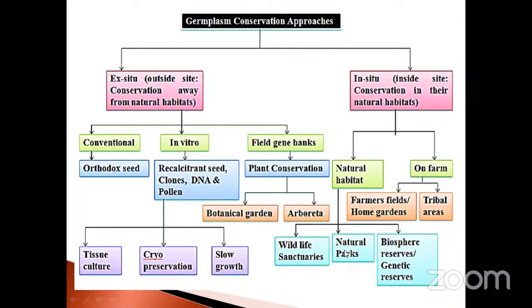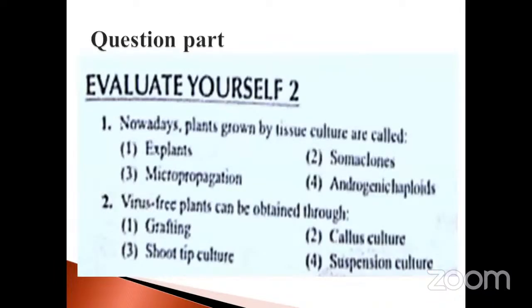National wildlife sanctuaries are also present. Biosphere reserves, genetic reserves. These are all our natural habitats. On-farm means farmer field, just like our agriculture field. Home garden, we are maintaining our home garden, isn't it? Tribal area. These are the important things, my dear students. Okay, so these are the germplasm conservation approaches.